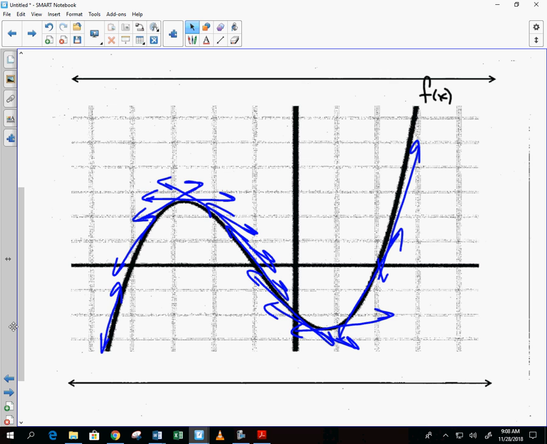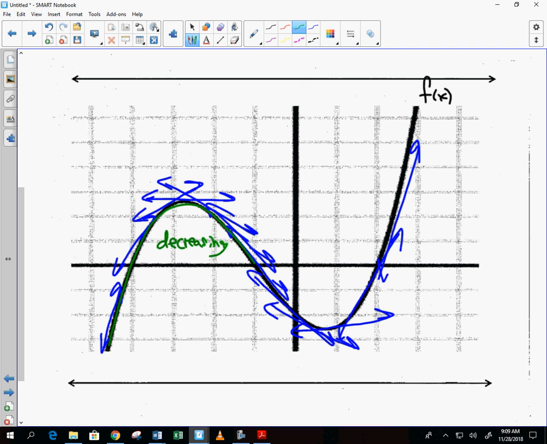Then, from this spot to this spot, what's happening to the derivative? Right here, it's negative. Is it more negative or less negative? Less negative. How about here? Less negative. So over the course of this part here, the derivative was decreasing, right?